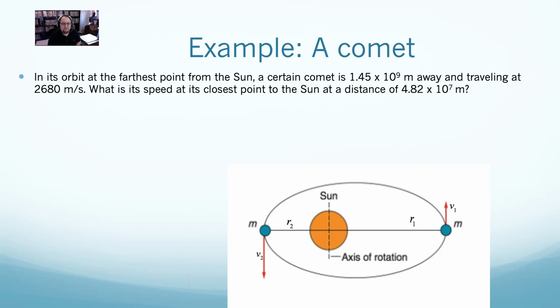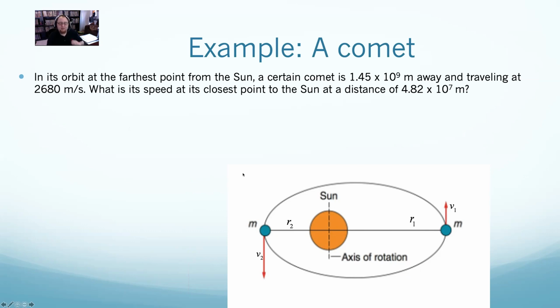Let's say some comet, when it's 1.45 times 10 to the 9th meters away, travels at 2,680 meters per second. Then it gets much closer, to 4.82 times 10 to the 7th meters away. We can find its speed at that point.